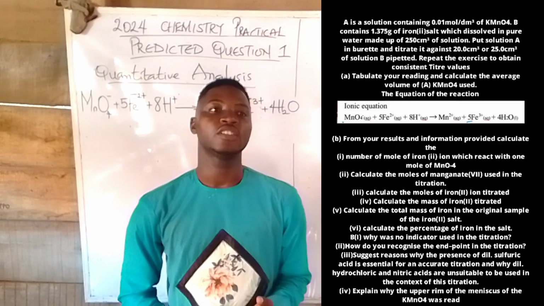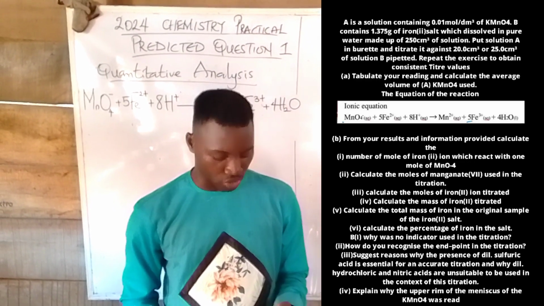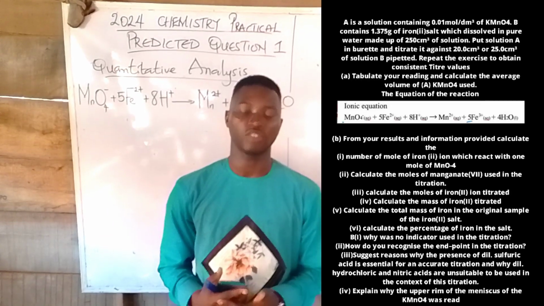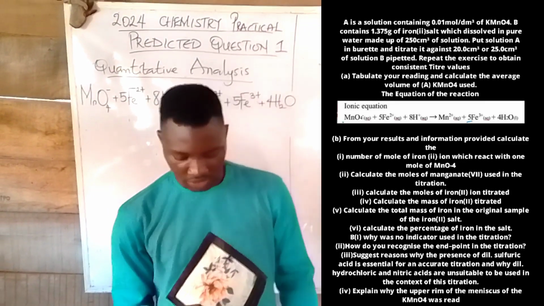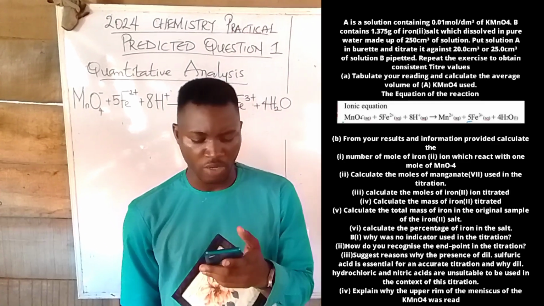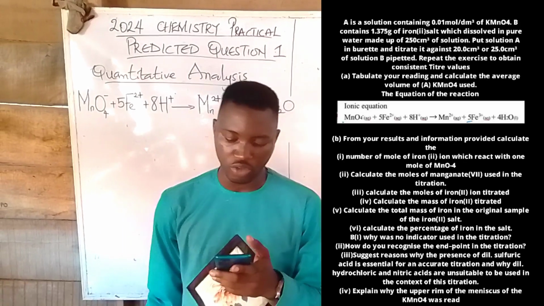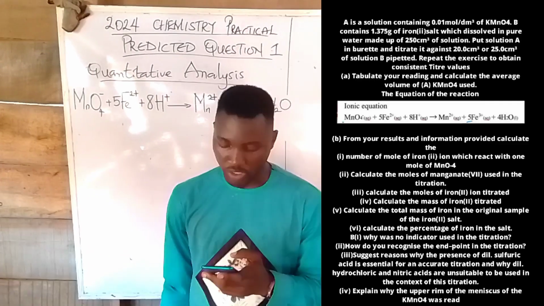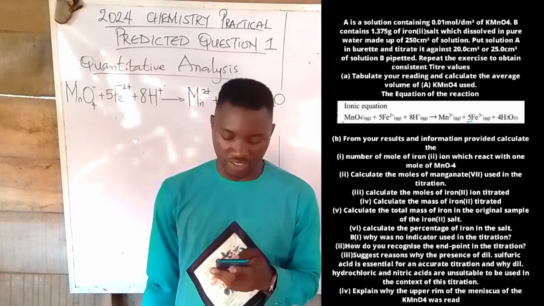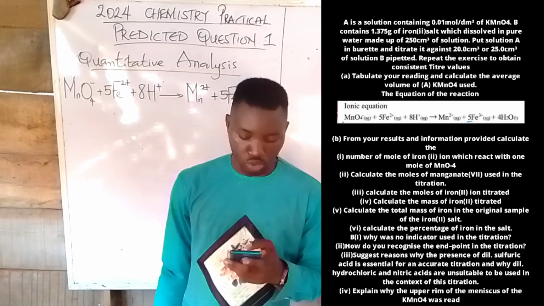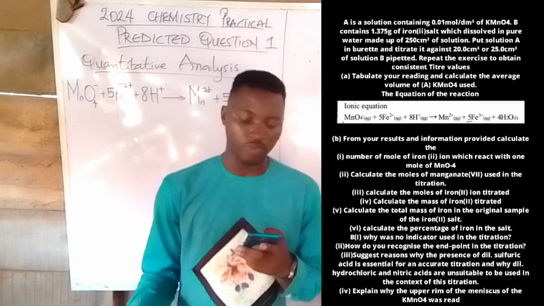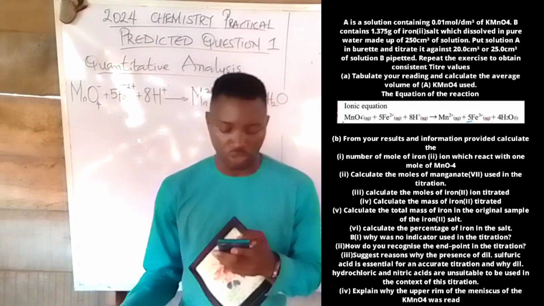Alright, this year, this is one of the questions I have predicted, and as you can see on your screen: A is a solution containing 0.01 mole per dm cube of KMnO4, that is potassium permanganate, and B contains 1.37 gram of iron 2 salt, which dissolves in pure water, making up 250 centimeter cube of solution.